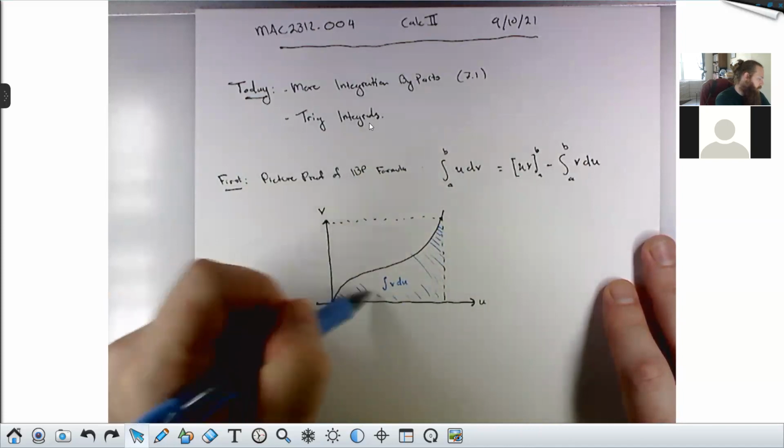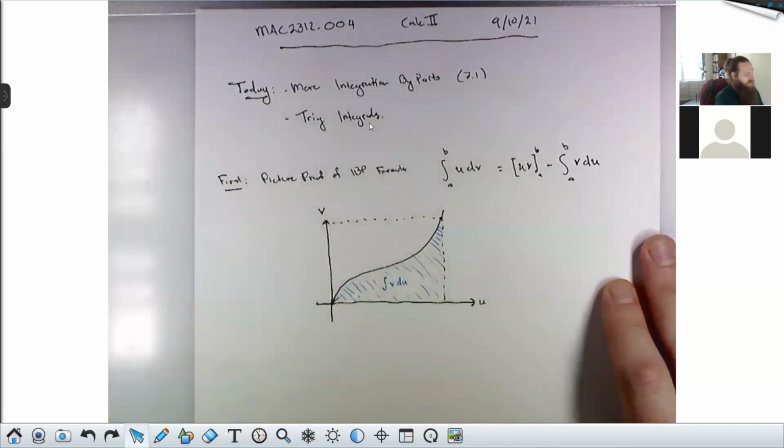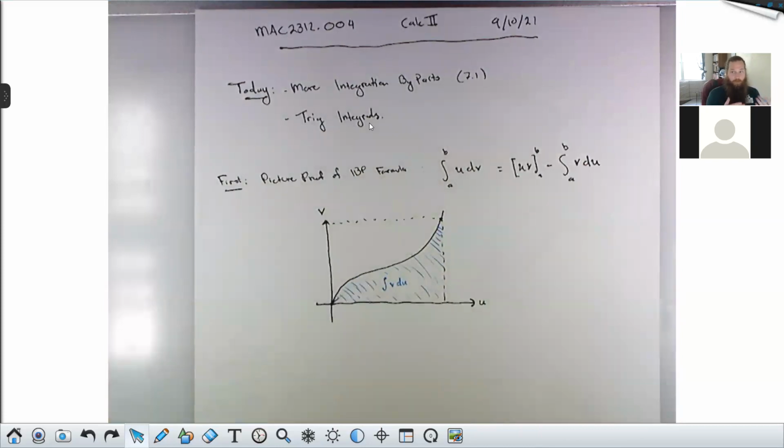And I'll see if we can fiddle with bounds to get the precise statement. So, right, just like you think of the integral of f of x dx as being the area under the curve f of x, here this is the u-axis, and y and f of x are the same thing. So like v and f of x would be the same thing here because this is the v-axis.